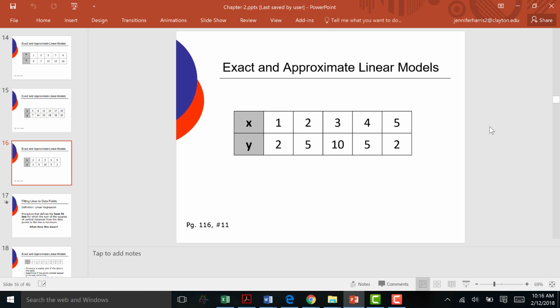So if I've got (1, 10), (2, 45), then (3, 100) right here, and then (4, 200) right here.